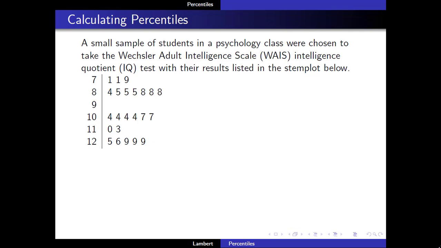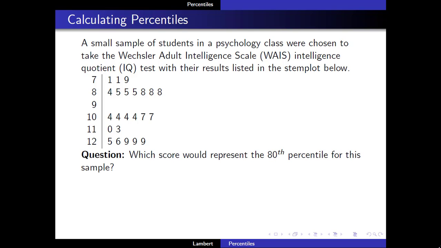We have a small sample of students in a psychology class, and we're doing an IQ test, and here are the results in the stem plot below. If we were to try and find the 80th percentile of the sample, first off, we need to look at what the stem plot values represent. Remember, the leaves are the number of people occurring here. So for example, where you see a 1 next to that 7 up there, that's technically 71.